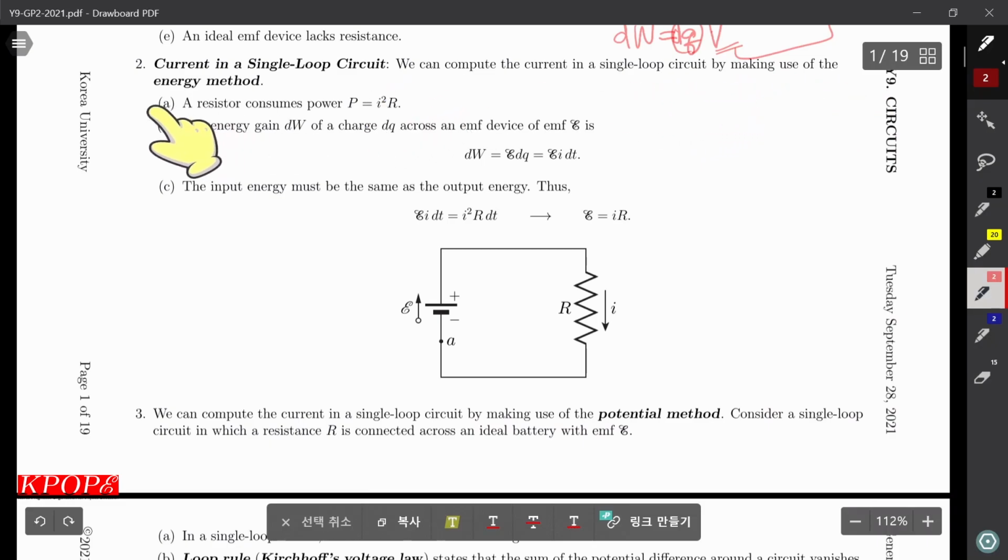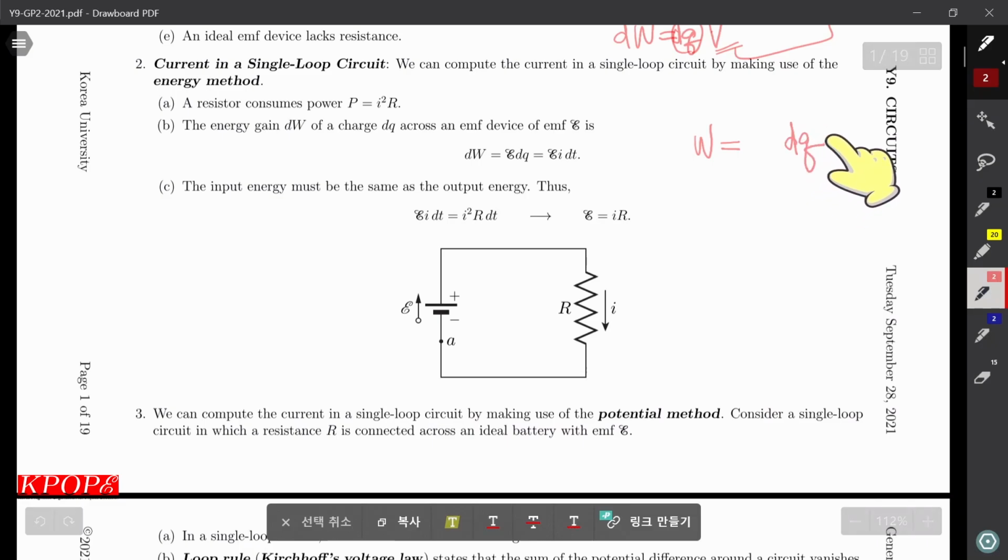By making use of the energy method, the work applied to a small amount of charge dq can be obtained by multiplying by the EMF.